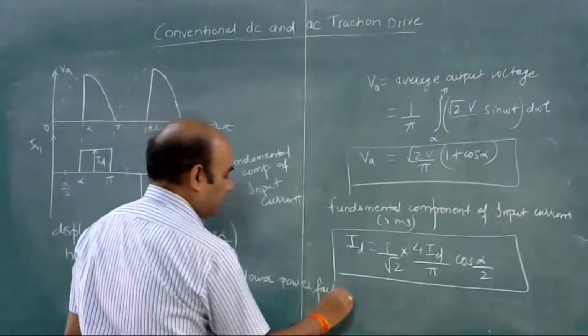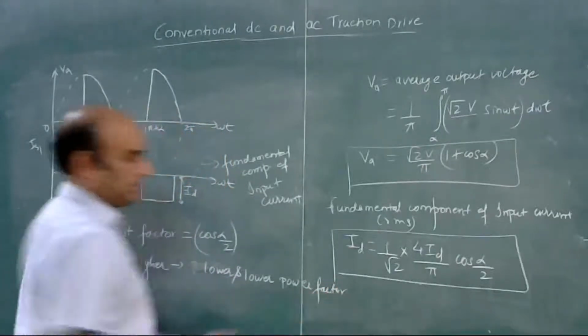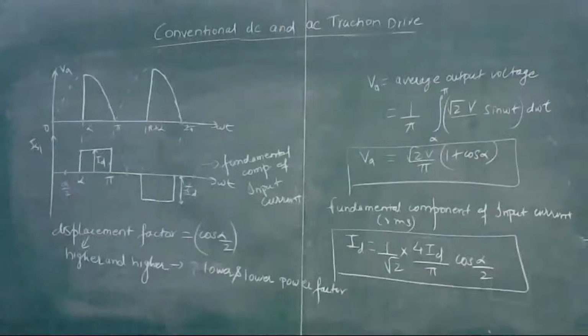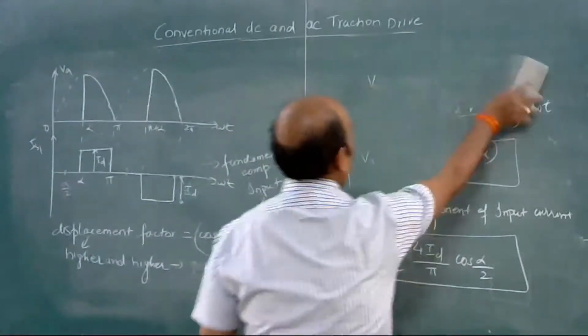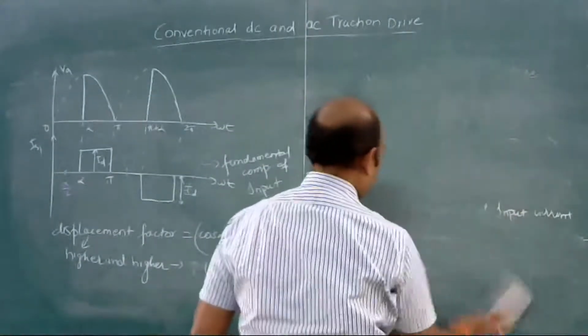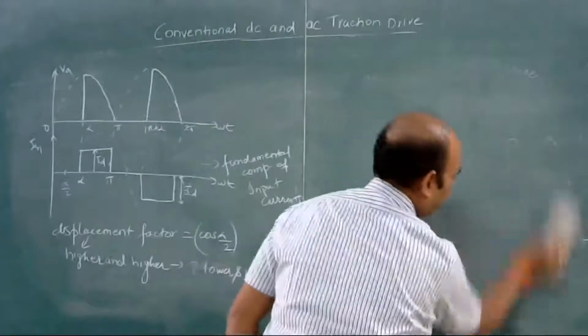That's why the power factor decreases and we get a poor power factor. Okay. So the converter draws a lagging current from the supply.